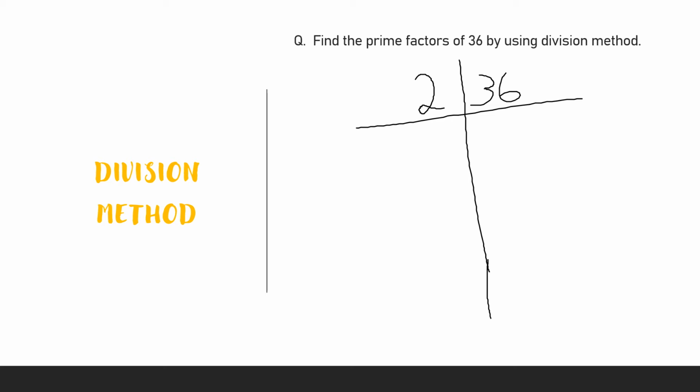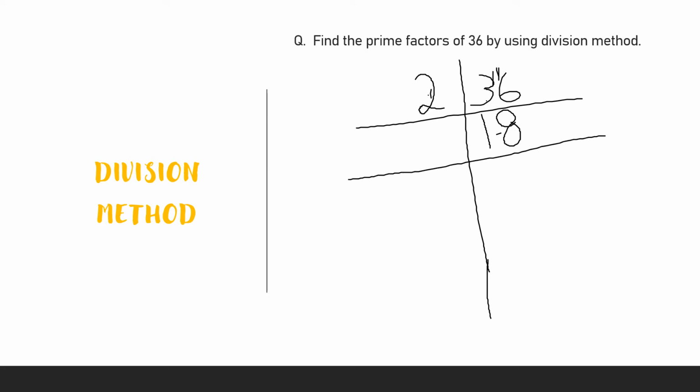We cannot divide 3 completely by 2, but 2 ones are 2, then 1 remainder goes here, it will be 16. So 2 eights are 16, and 2 eighteens are 36.